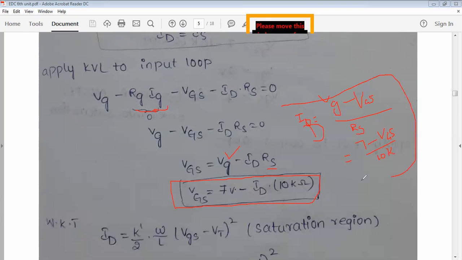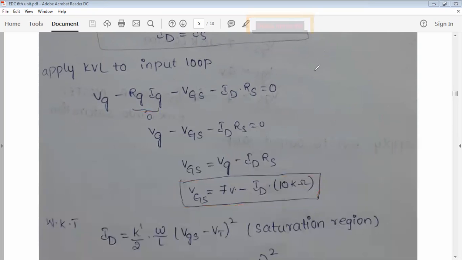So if it is a JFET or depletion mode MOSFET, express the input KVL equation as ID in terms of VGS. Now here in this problem, the given device is an enhancement mode MOSFET, so you can express in terms of VGS or ID, that is your choice. Here I am expressing VGS in terms of ID.